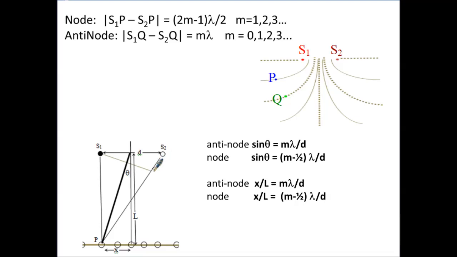But then for this arrangement, this angle theta here from the center, halfway between the two sources, to the point where we have the node, that angle theta is the same as this angle here if this is a right angle. And we're going to say it's close enough. This is definitely a right angle here, and so sine theta would be equal to x over L.